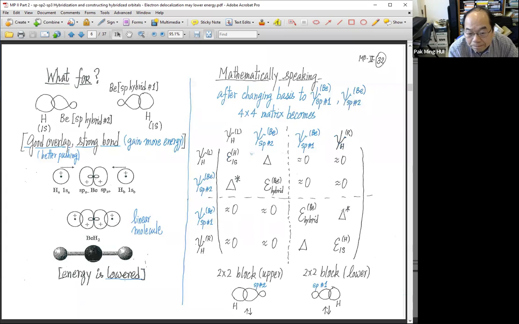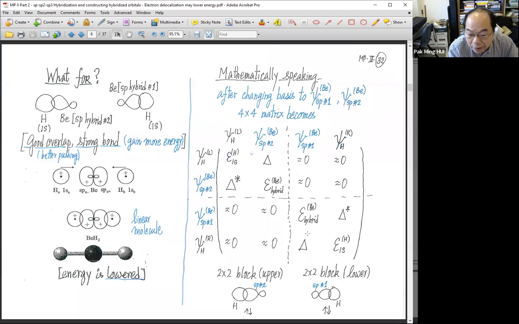And what's more, once you do these changes in bases, you diagonalize this 2x2 part, okay? And then all this other stuff happens to be very small. Simply put, in doing the linear combination before doing the full 4x4, you block diagonalize the 4x4 matrix, at least approximately.